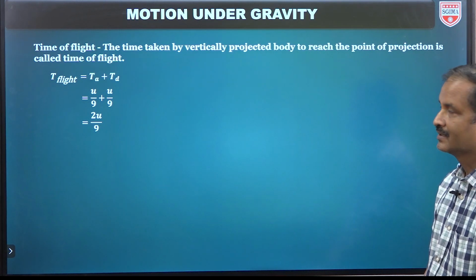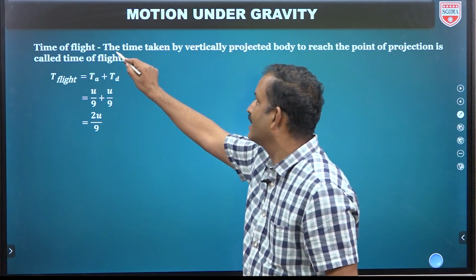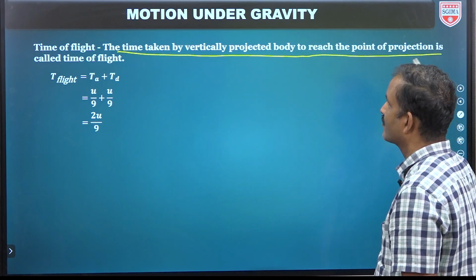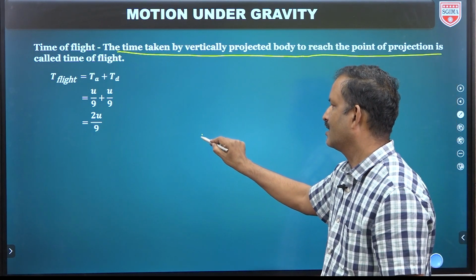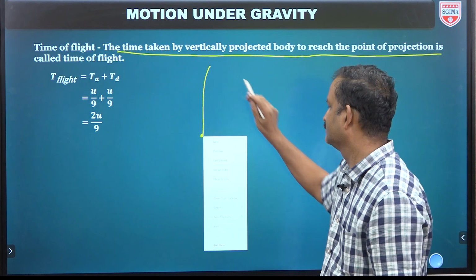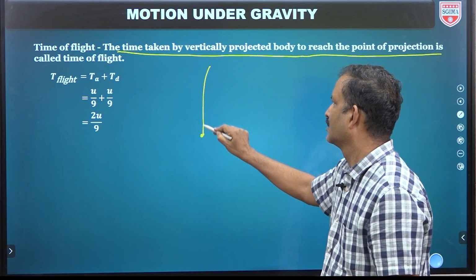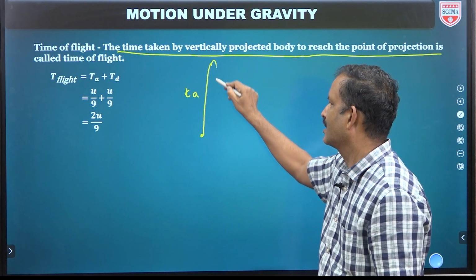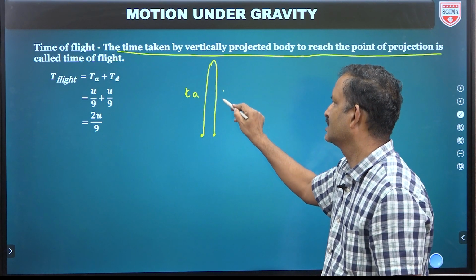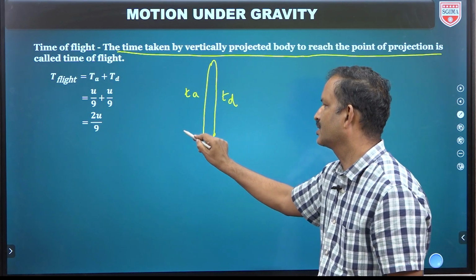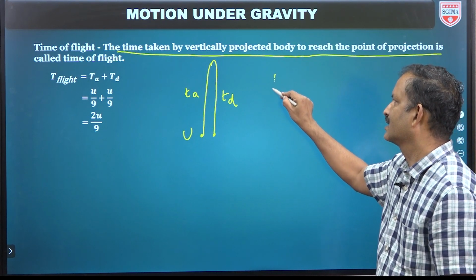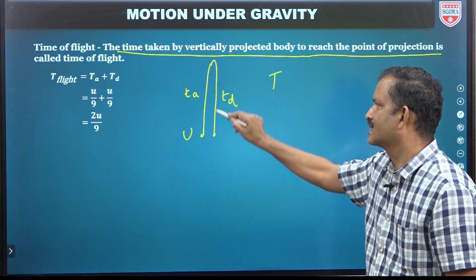Time of flight. The time taken by the vertically projected body to reach the point of projection. So whenever it is projected vertically up, this is time of ascent and it reaches the same point. This is time of descent. Suppose it is projected with u velocity. Time of flight means this time plus this time.